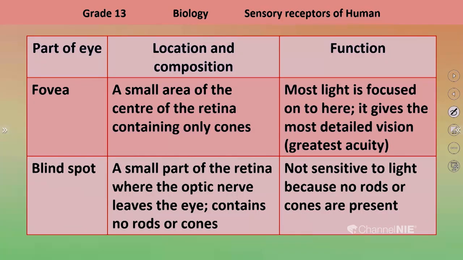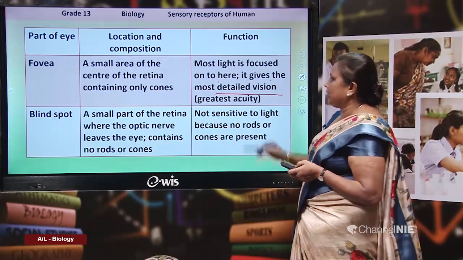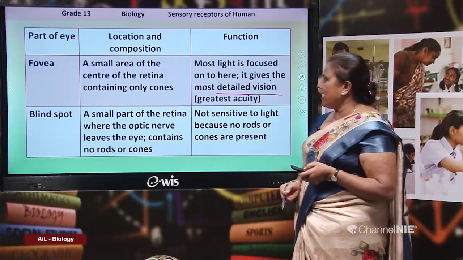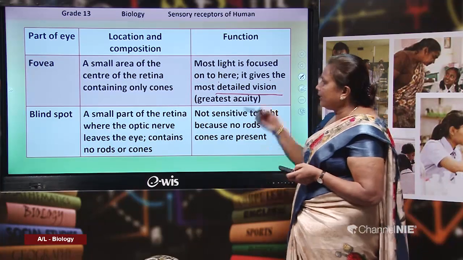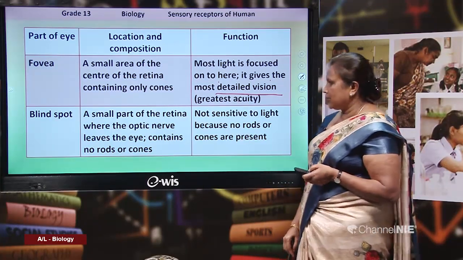So then you have the fovea. Most light is focused onto here. It gives the most detailed vision, or greatest acuity, and that is given by the fovea centralis. I told you it contains only cones.